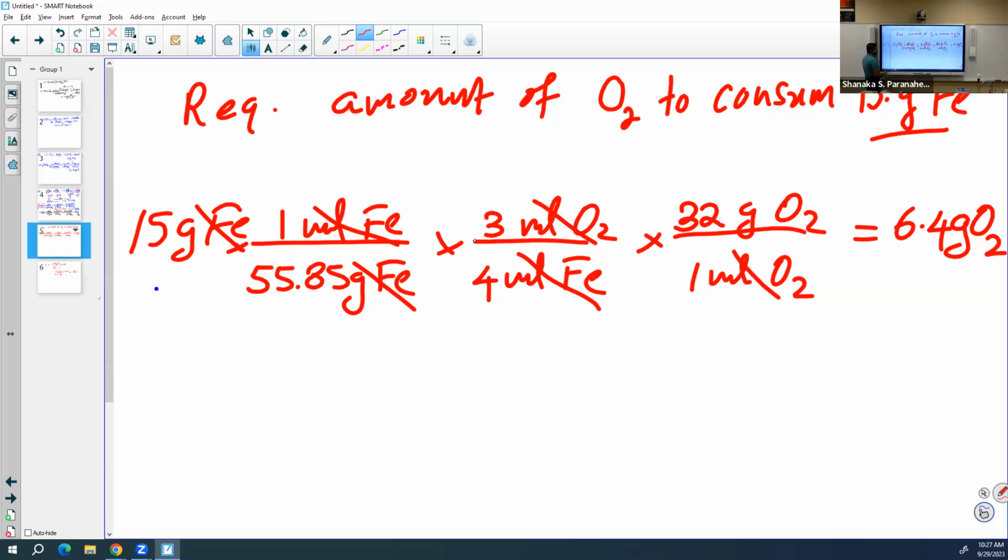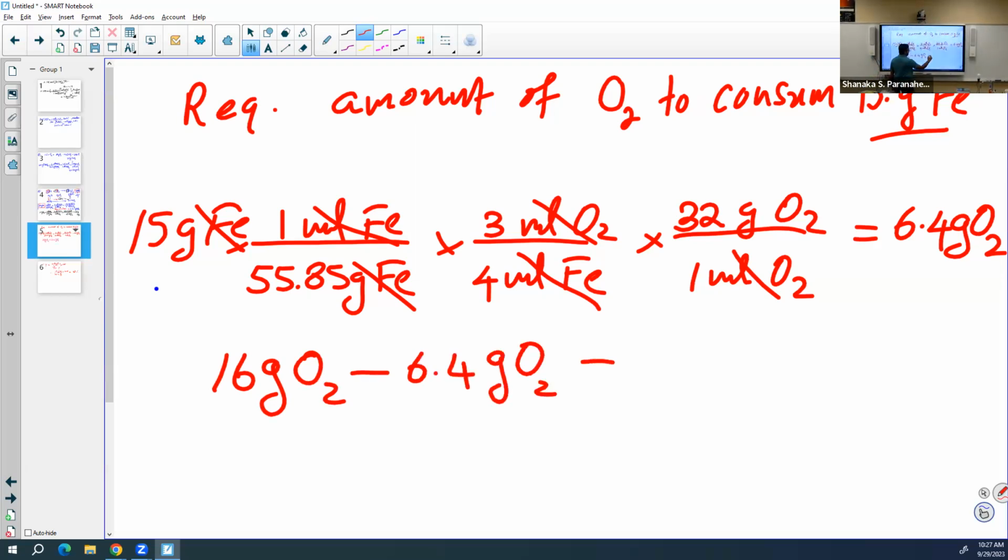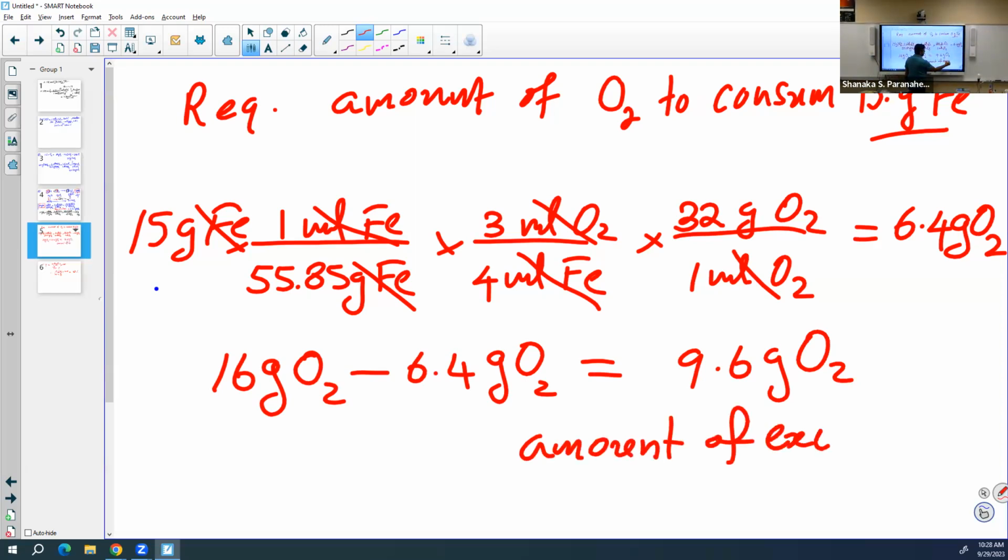The given was 16 grams of oxygen. Subtract the required amount, and that is going to be the leftover or excess chemical. So this is the given amount of oxygen and we subtract the required amount of oxygen. Do you have any questions?